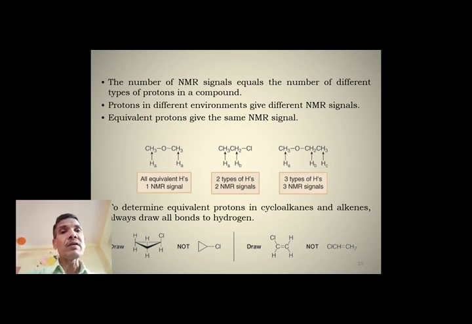And remember, chemically equivalent protons will not give different signals. They give only one signal. For example, in the case of dimethyl ether, two methyl groups are attached to the oxygen atom.